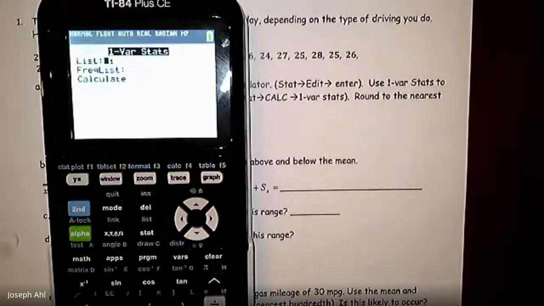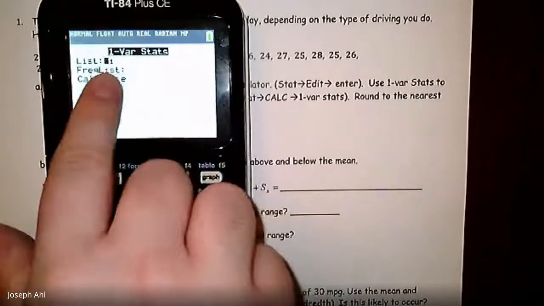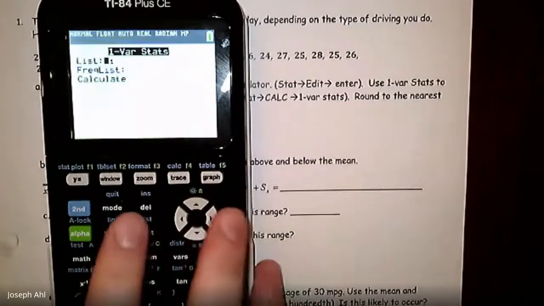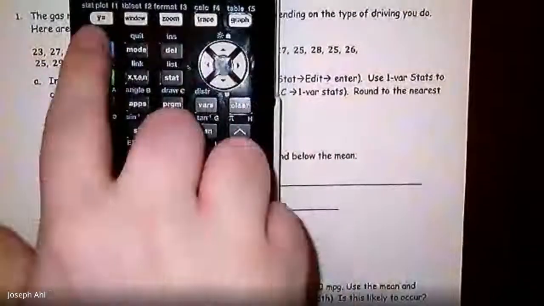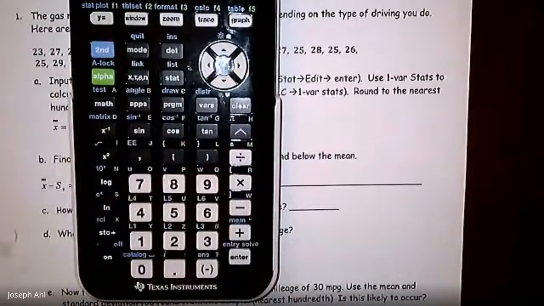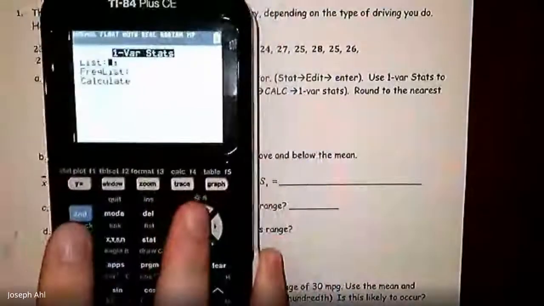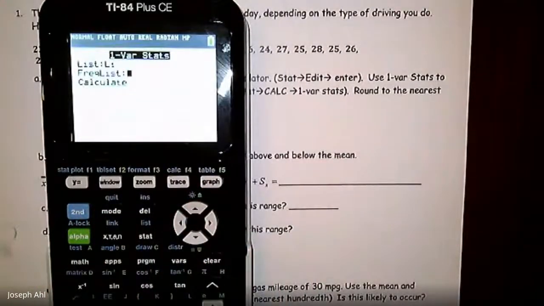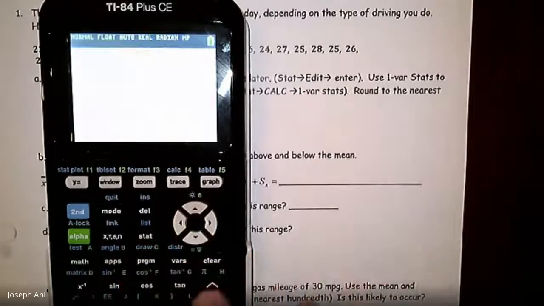So you'll notice that we already have our data typed into list 1. If you're panicking because you're saying, wait, Mr. All, my list 1 was deleted, I had to type it into list 2, if you hit second 2, L2 will pop up. Second 3 would be L3 if we needed it. We don't have a frequency list, so you can ignore that. And then finally go down to calculate, hit enter.